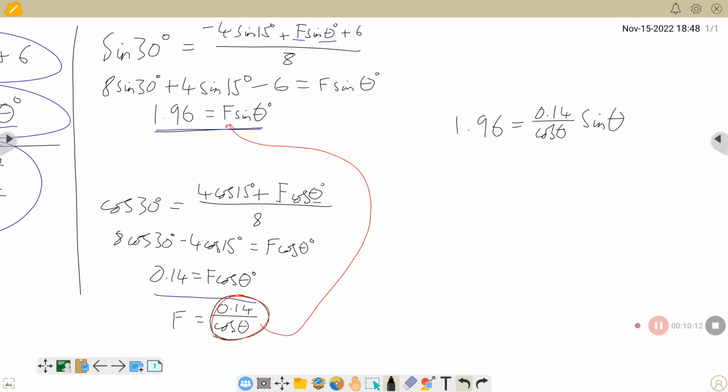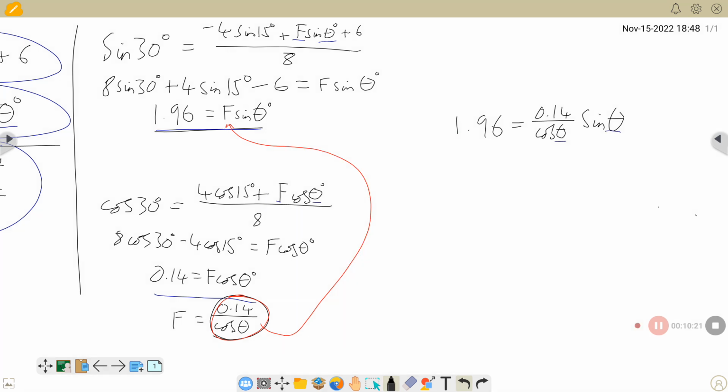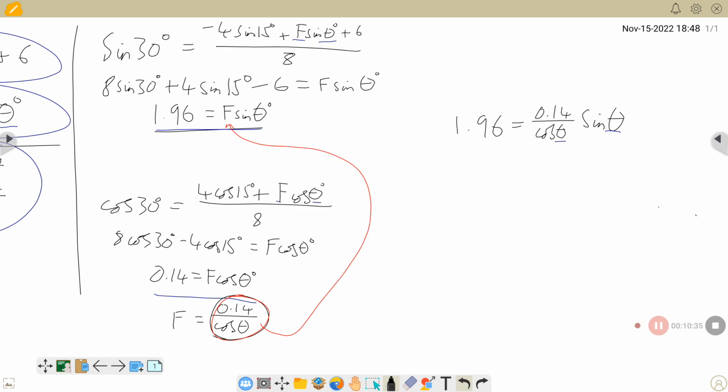Now, you might be looking at this going, where on earth do we go from here? We've got this problem where we have theta here and we have theta here. So to rearrange for theta, that's going to be a little bit of a problem since there are two thetas, right? Well, this is an example of where we can bring in a trigonometric identity, which some of you might have encountered before.